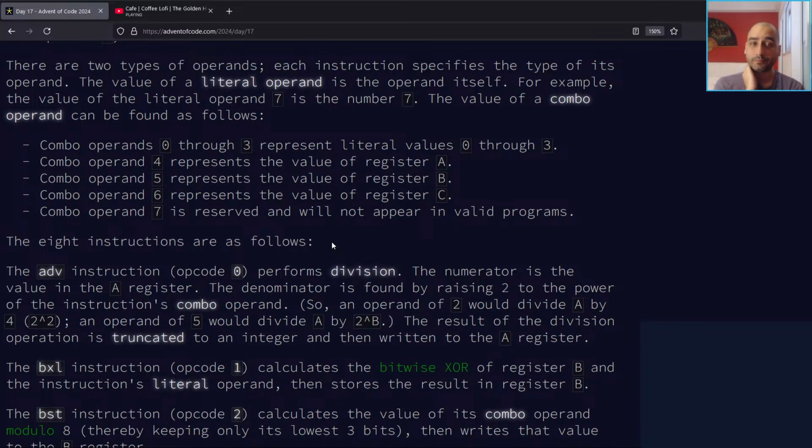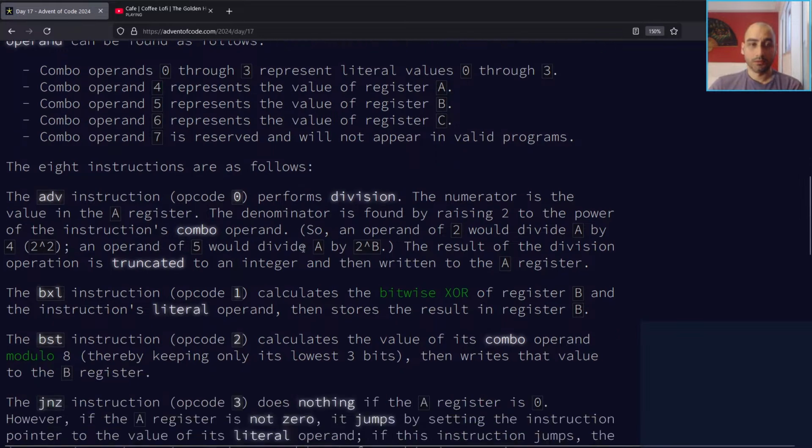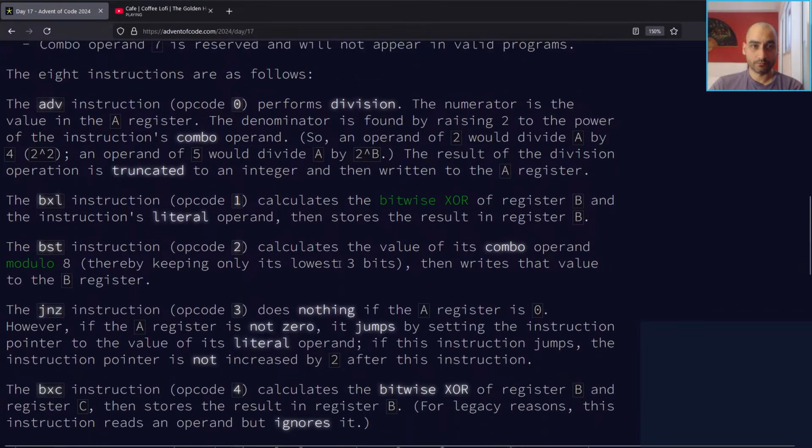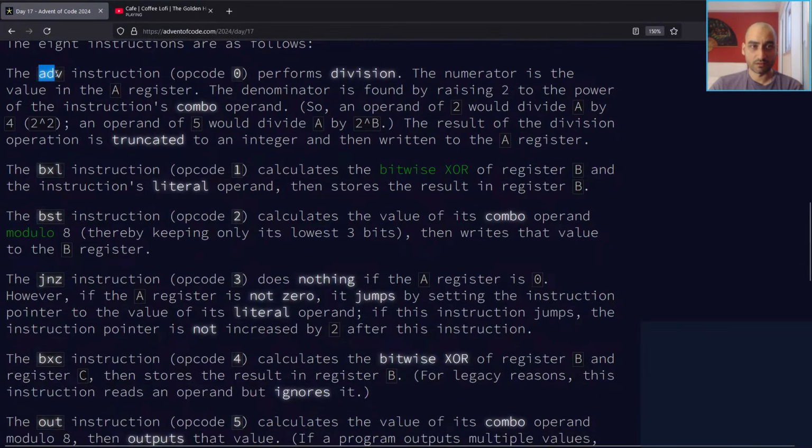Okay. The instructions, 8 instructions. adv is division. So it's A divided by 2 to the power of the combo operand, right?